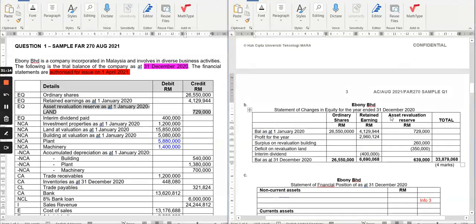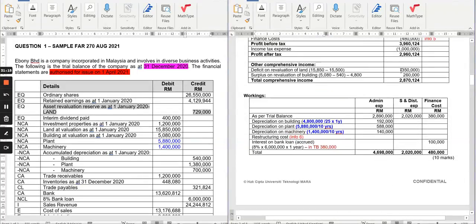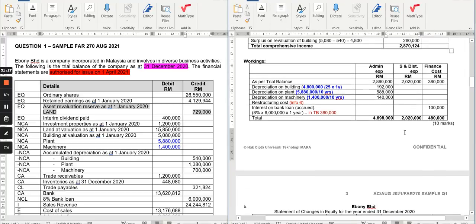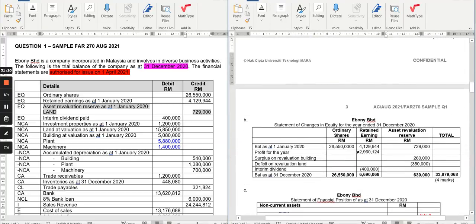Profit for the year, this is from the calculation that you have done much earlier here, 2,960,124, this one, right? And surplus on revaluation of land will be under asset revaluation reserve, deficit on revaluation, surplus on revaluation for building, and this is deficit on revaluation, this is for land.